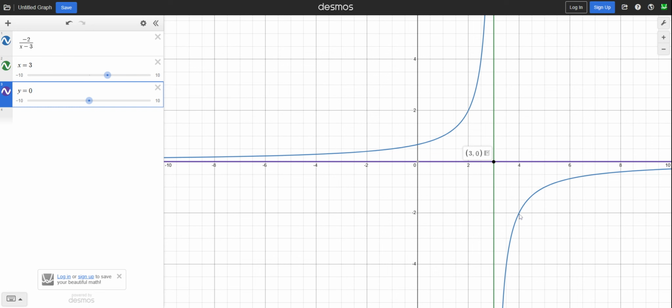Then, on the blue line, this is at 4 and -2. So 3, 0 and 4, -2 are your 2 points to graph. All right? So 3, 0, 4, -2 are your 2 points for graphing.